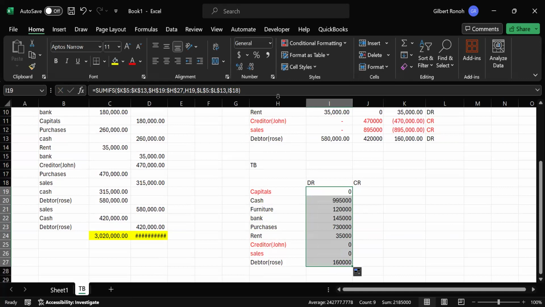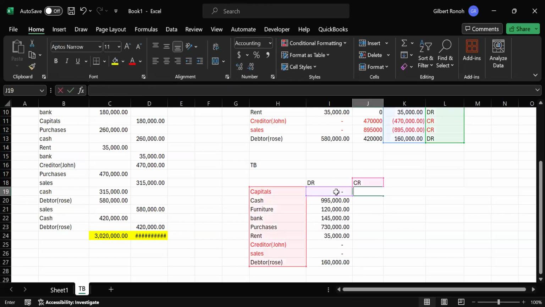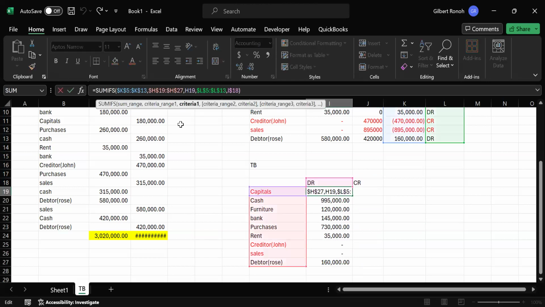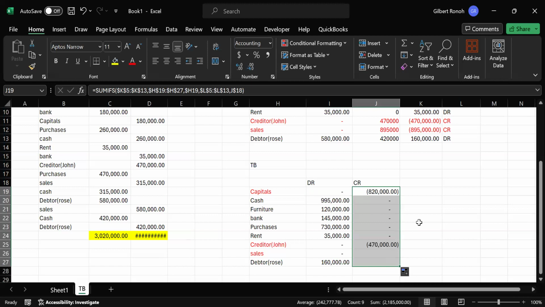Then I can copy my formula here, but I should make sure that this one I fixed the column alone, so I can drag it downward, drag the formula on this side, and then drag this one on this side.